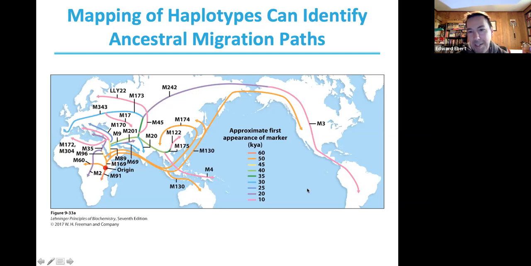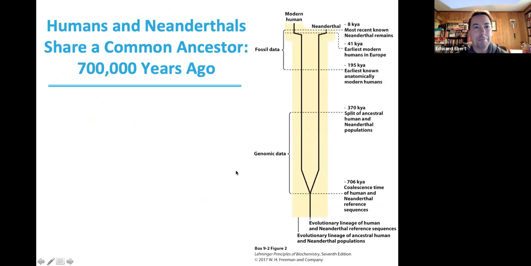Anyway, humans and Neanderthals had a common ancestor some 700,000 years ago. It's a lot harder for us to look at evolutionary data because it takes 20-some years for each generation to occur. Compare that to, say, E. coli, where you have 20 minutes and you get a new generation. Okay, well, maybe 30.